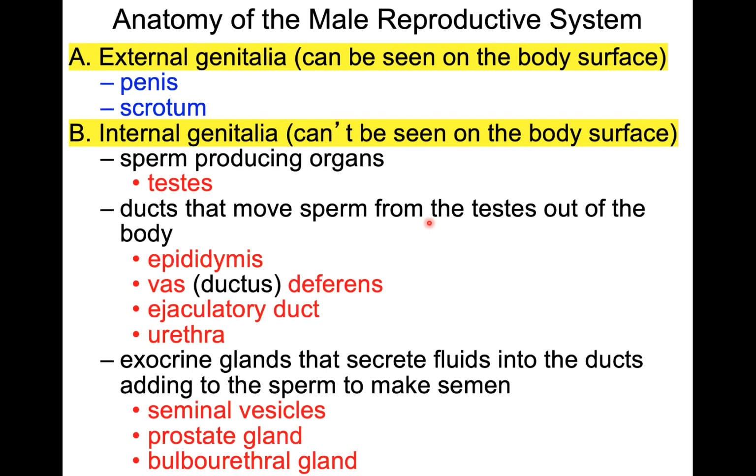So male genitalia, as with female genitalia, they have external and internal structures. For males, the external structures, meaning the only structures you can see, is the penis and the scrotum. For females, their external structure is going to be like labia or clitoris. For males, the internal genitalia are things you cannot physically see, like the testes themselves.